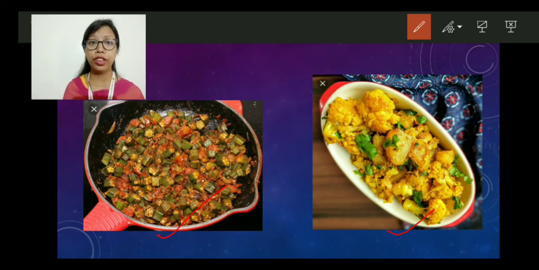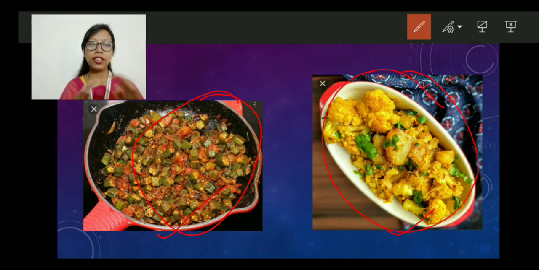We have to cook it, right? So here is a dish of lady's finger which is cooked, and on the other hand we have the cauliflower and potato dish which is cooked. Okay, so this is how we eat the food. We cannot eat every vegetable raw. They have to be cooked.